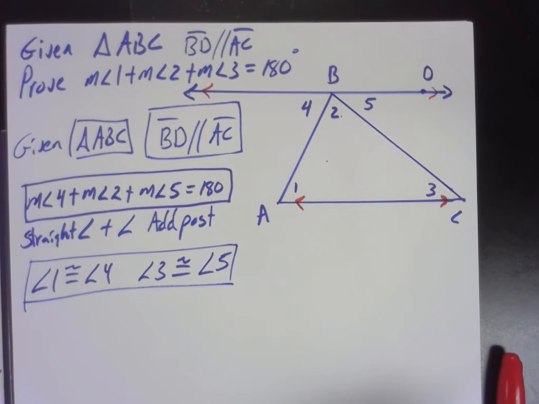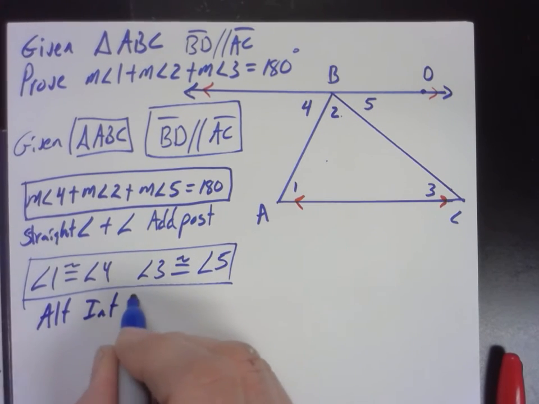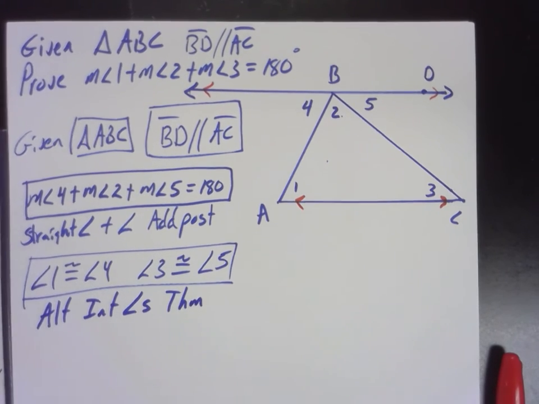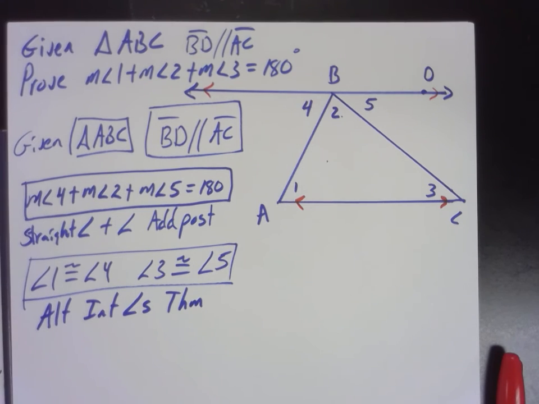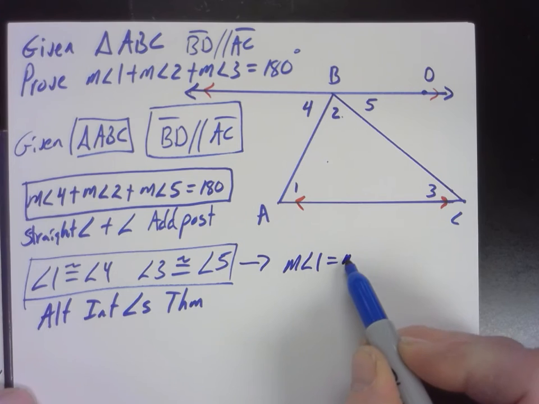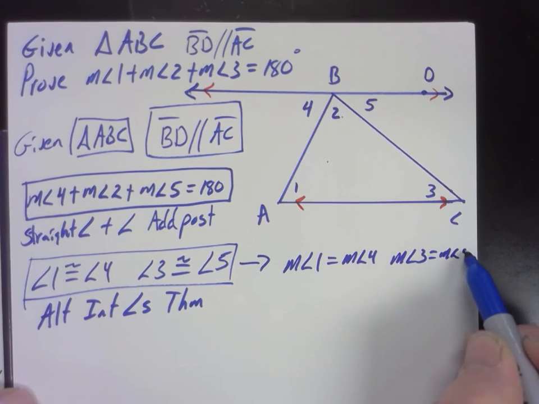Alternate interior angles theorem. Did you know you're going to have to remember that and use it to do other stuff later this year? I think I better say this too. The measure of angle 1 is equal to the measure of angle 4, and the measure of angle 3 is equal to the measure of angle 5.